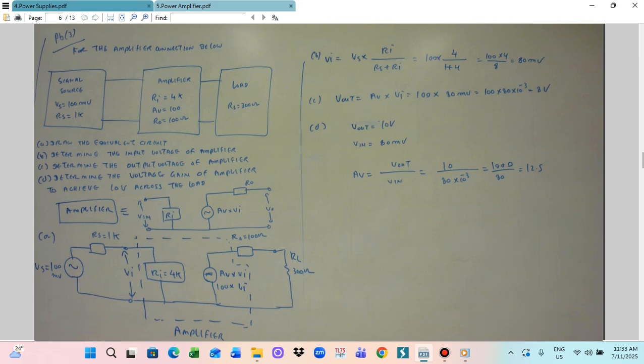So you get the output as 8 volts. And then determine the voltage gain of the amplifier. For the voltage gain, we take the output voltage and the input voltage, and the output voltage we calculated this way. So the voltage gain AV we already know is 100.